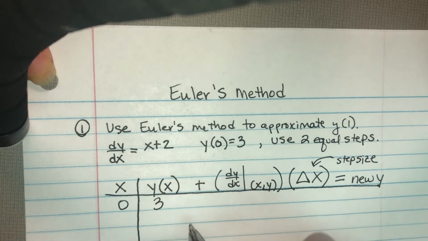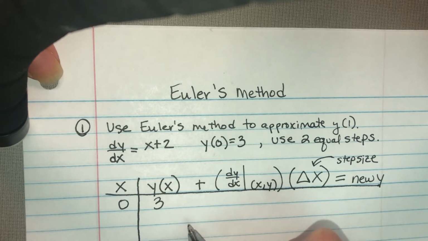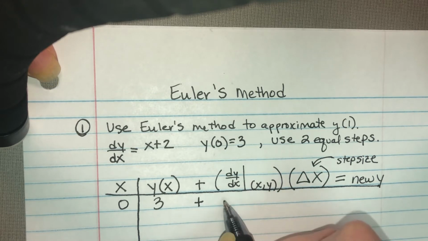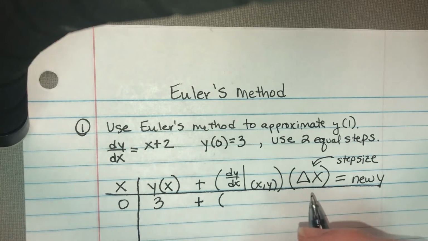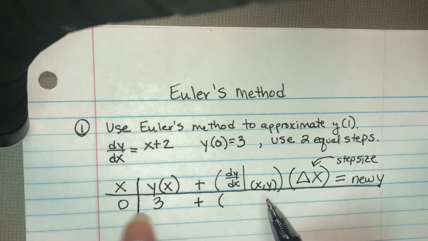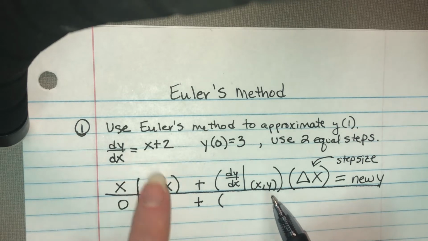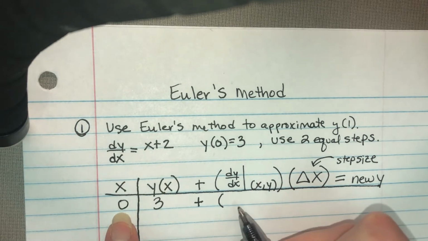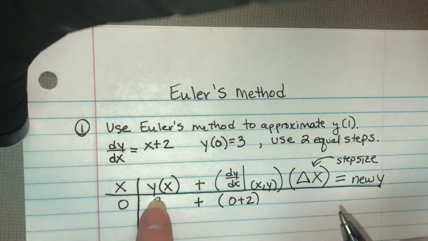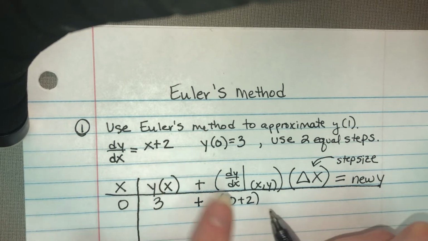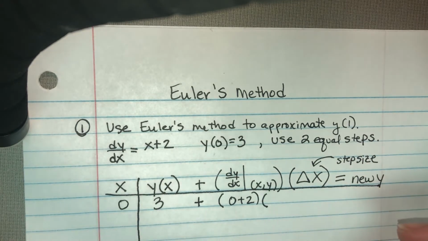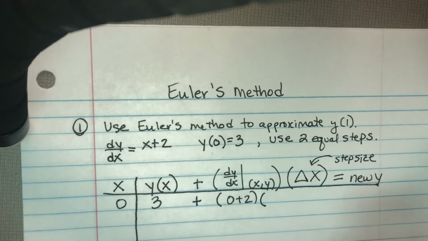So for my first line here in my table, I'm going to add, and now I'm going to go to my dy/dx equation, and I'm subbing in the x and the y value here. But this one only uses x, so 0 is the x plus 2. So I'm just filling in the x from my point into this dy/dx equation. That's my slope. Times, I need to know what the step size is, okay?